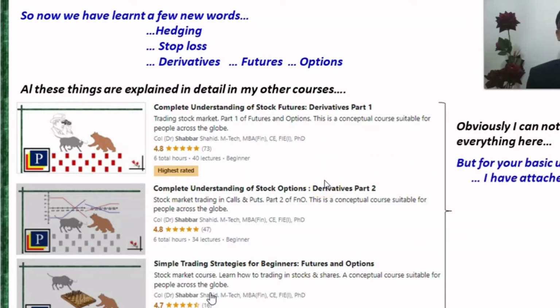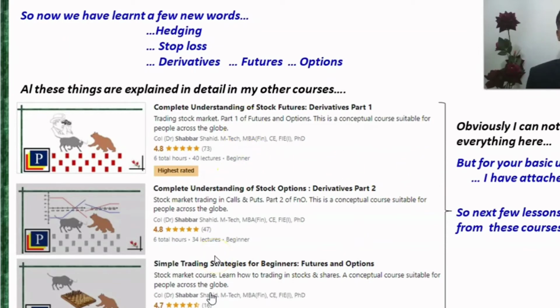But for your basic understanding, just to give an idea about hedging, derivatives and all these things, I have attached some extract lessons from these courses. After we complete this lesson, the next few lessons are just extracts from these courses.